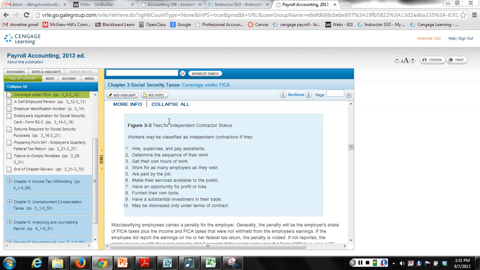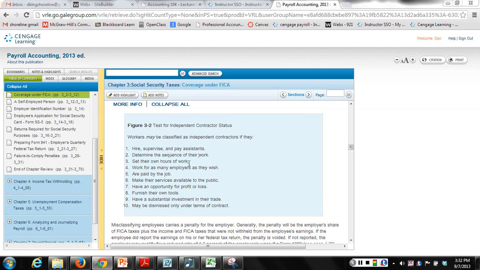So here we are in the ebook, and it's Engage. Tests for independent contractor. These are the tests. There's 10 of them. They hire and supervise employees. That would be an indication that you're an independent contractor. They determine the sequence of work. They don't report and then follow orders from the party that's paying them to get the work done.